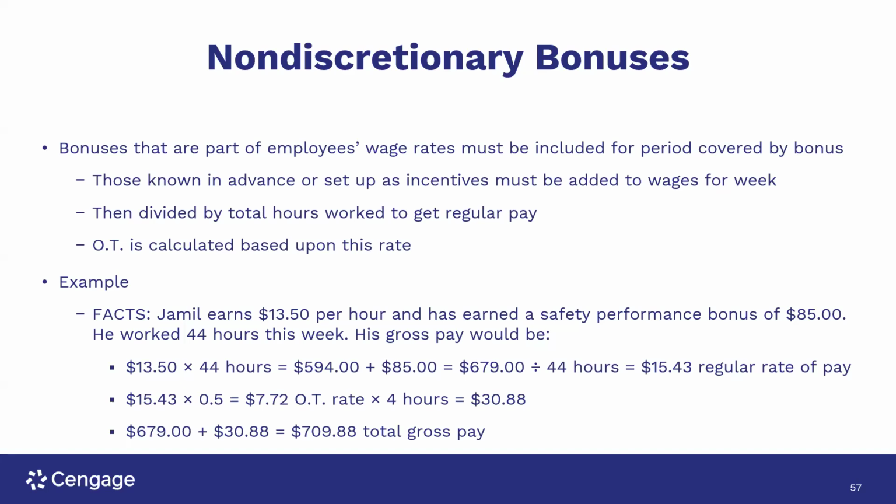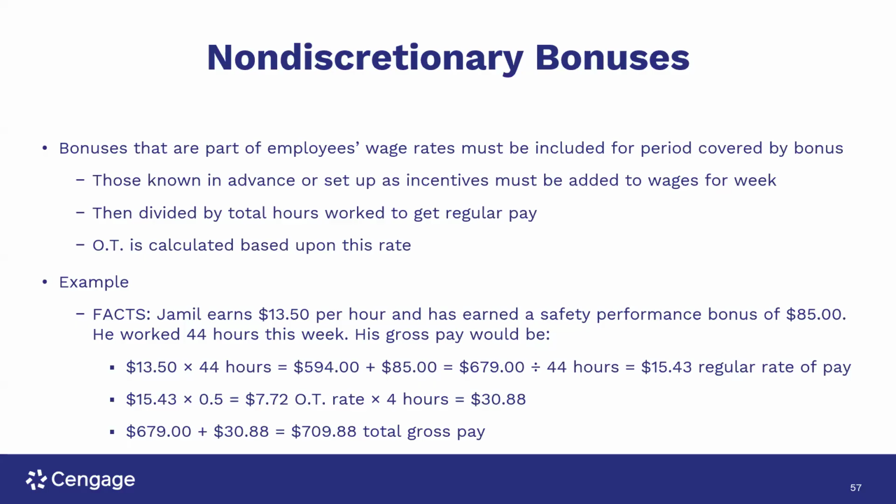Or in this example, a safety performance bonus. The overtime pay is calculated based upon this rate. So for this example, Jamil earns 13.50 an hour and had a safety performance bonus of $85.